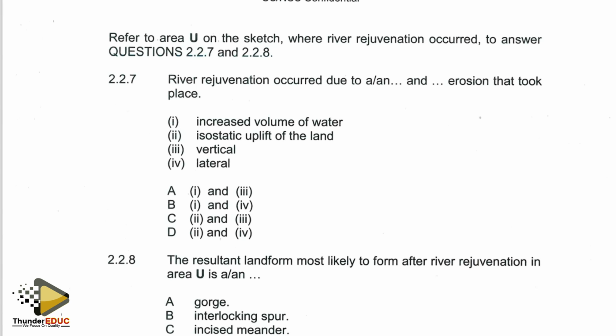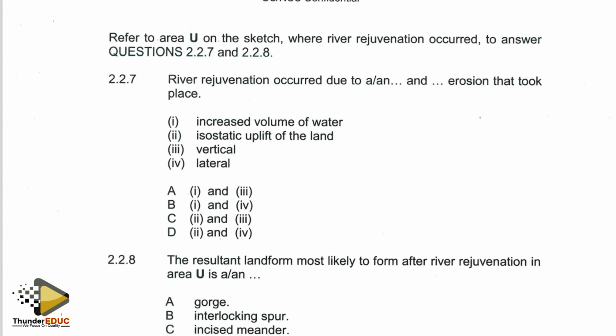Then, what kind of erosion happens if a river is rejuvenated? When a river revives its erosive power, it regains energy to cause vertical erosion. It regains power to erode vertically and deepen its channel. That is why we tend to find the development of landforms like valley in valleys after rejuvenation.